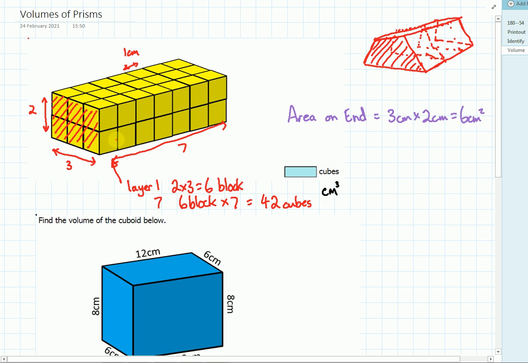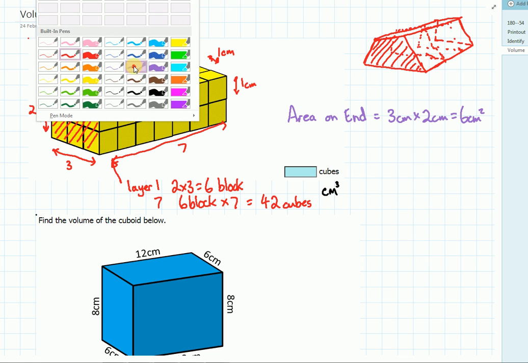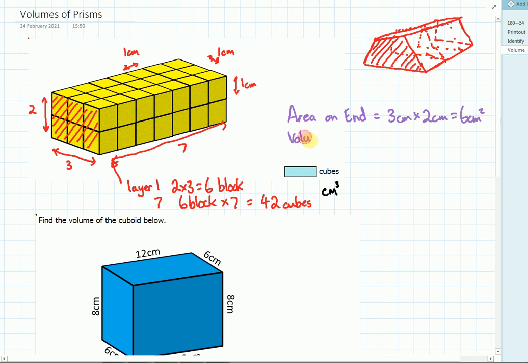And these cubes are all 1 centimetre by 1 centimetre by 1 centimetre in all directions. So in that space, we actually have a volume, which is the number of blocks: the area on the end, 6, multiplied by the length going back, 7 centimetres.